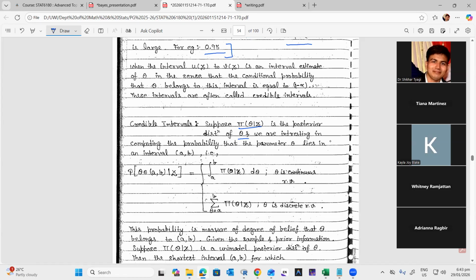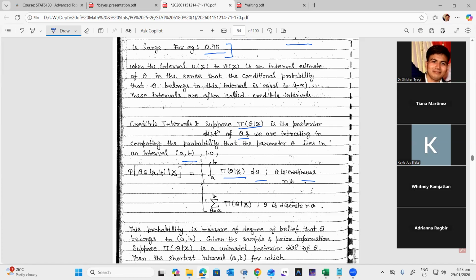All right, and we are interested in finding the probability that the parameter theta lies in the interval a to b. At that time, you find the integral over the range a to b of your posterior density function with respect to theta when it is a continuous case.